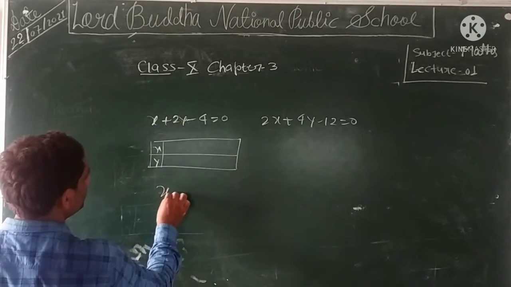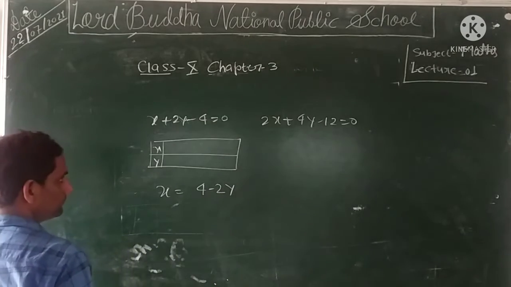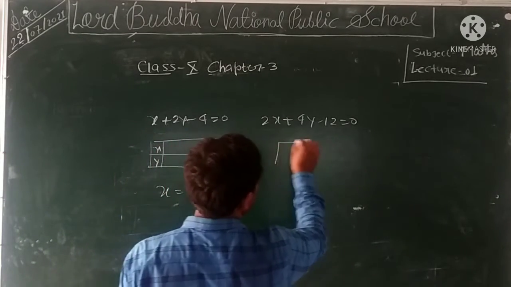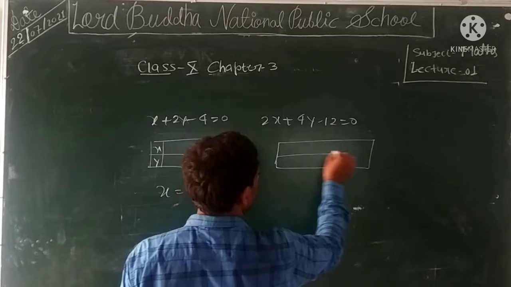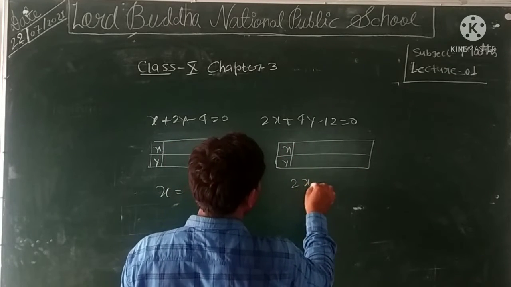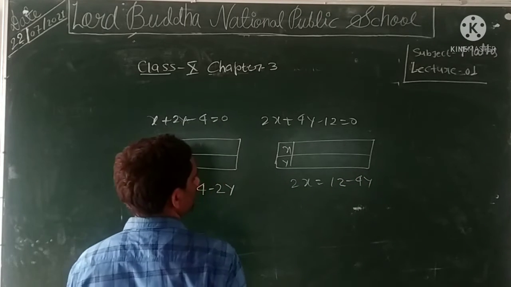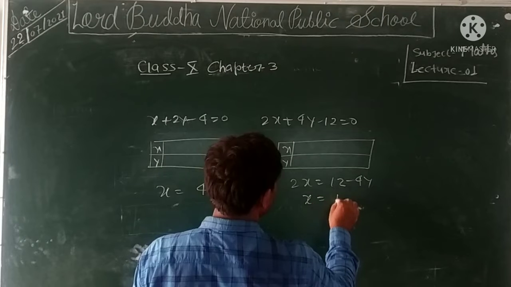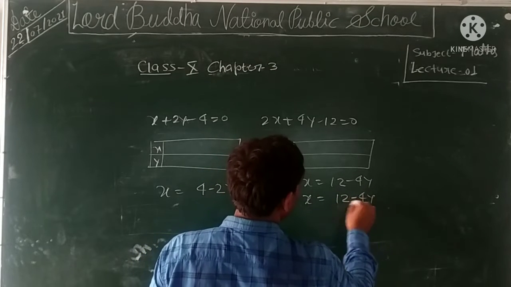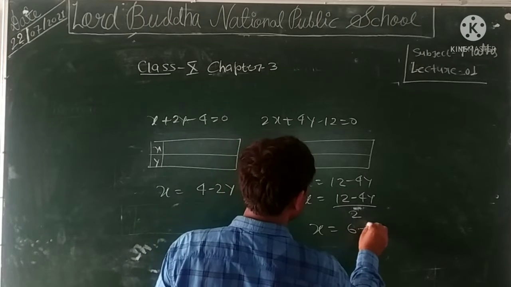We can write x equal to 4 minus 2y. For the other equation, we make a table too. We can write 2x equal to 12 minus 4y. Now x equal to (12 minus 4y) upon 2, or x equal to 6 minus 2y. Clear?